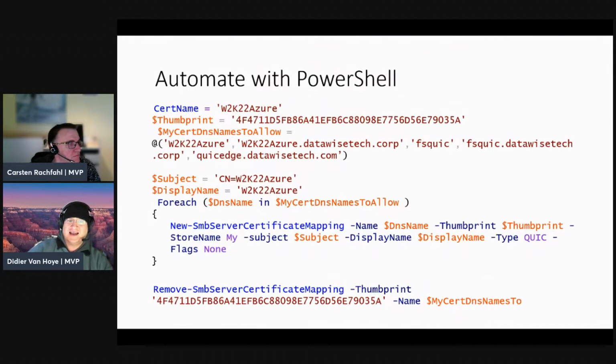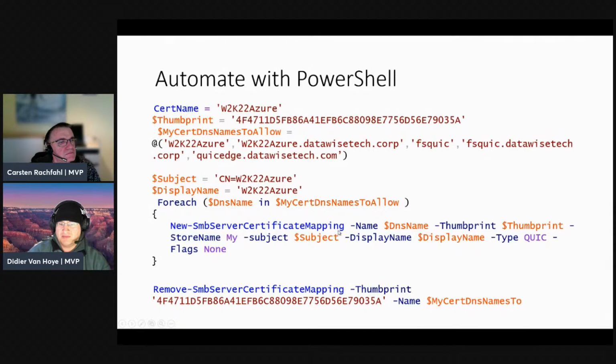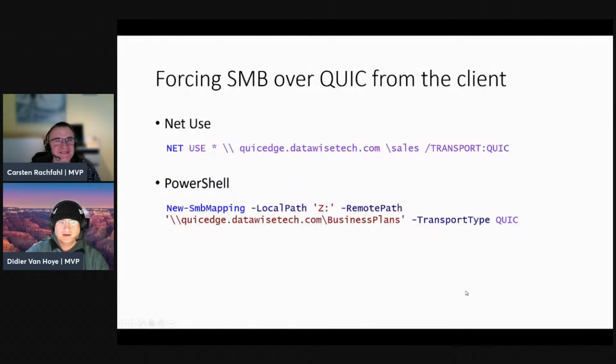So what you will need to do is you will have to grab the thumbprint of your certificate. You will grab all the domain names you want to use, and you will just use this PowerShell command called New-SmbServerCertificateMapping to tie this to your file share. And if you want to remove it, it's as easy as that. Now, once that's done, you can actually use your file share over QUIC.